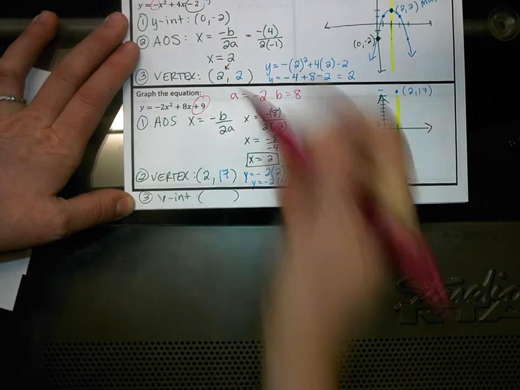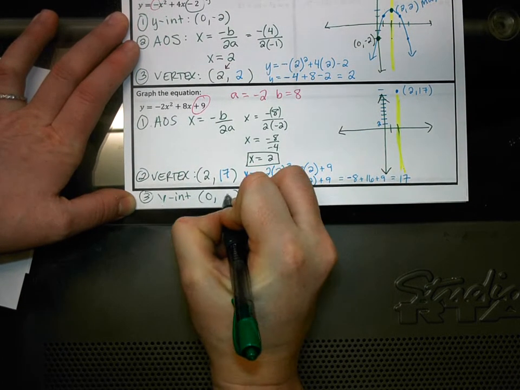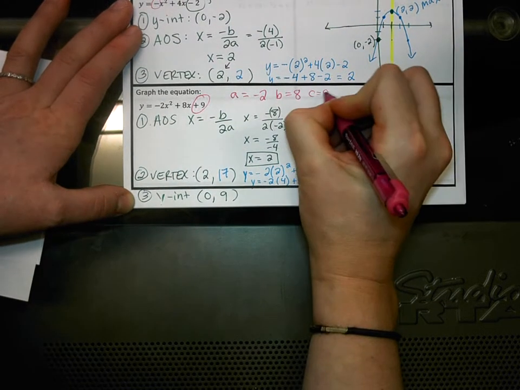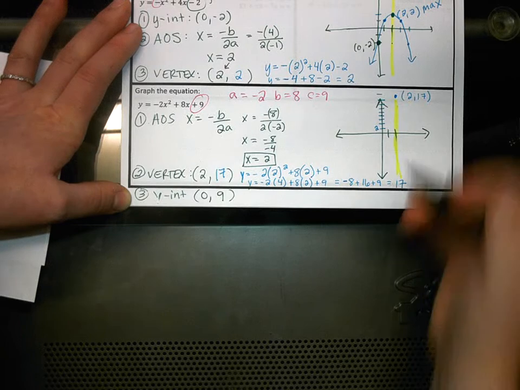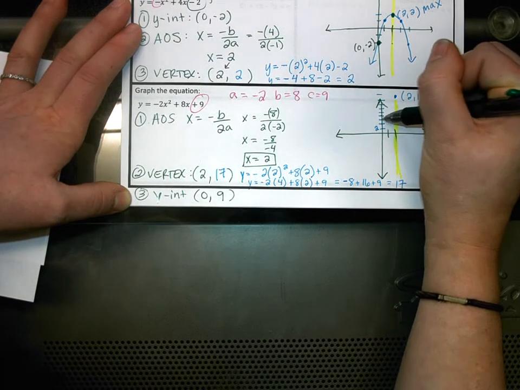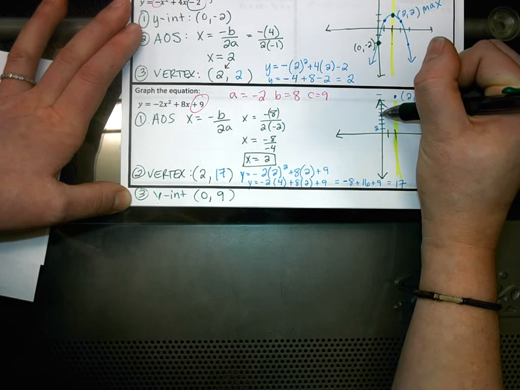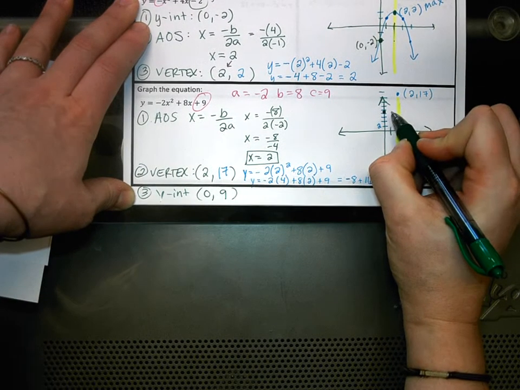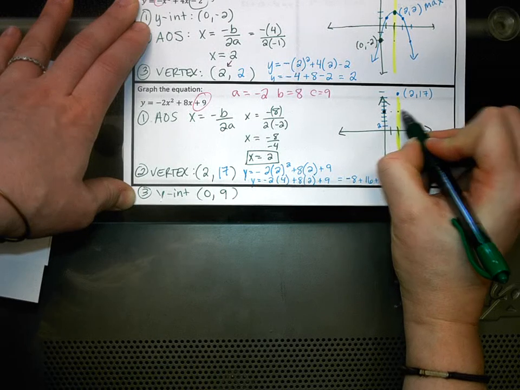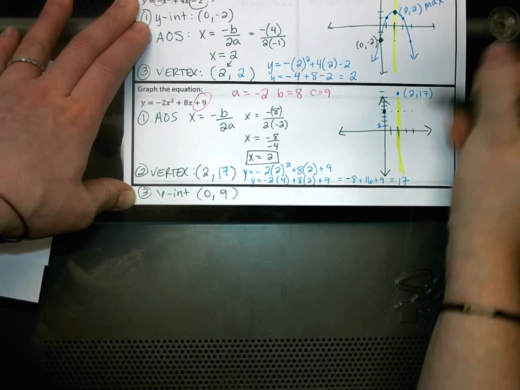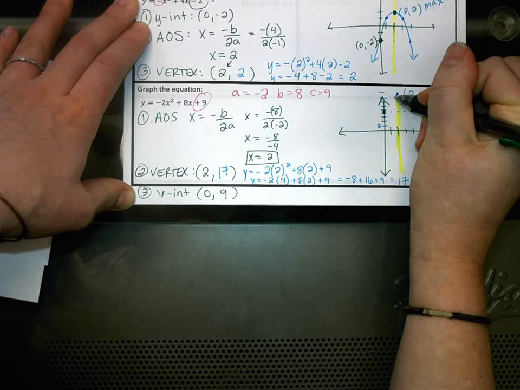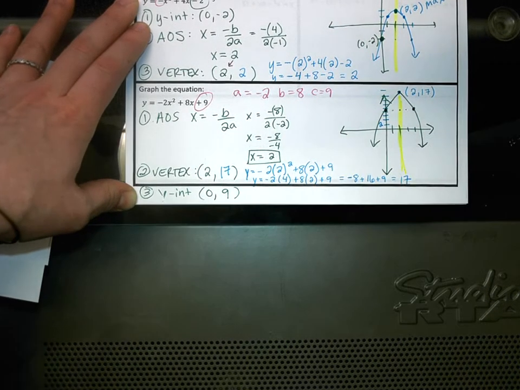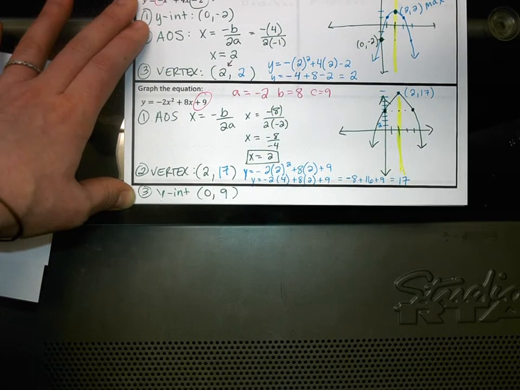Very good. 0, 9. So it comes from the C value. So if you want to write A, B, and C when you're going through, you can. And then 0, positive 9 is 2, 4, 6, 8, right in between those two. And if that's at positive 9, I can go 2 to the right to get to the axis of symmetry, 2 more to the right to get another point. And that's it. Questions on any of these?